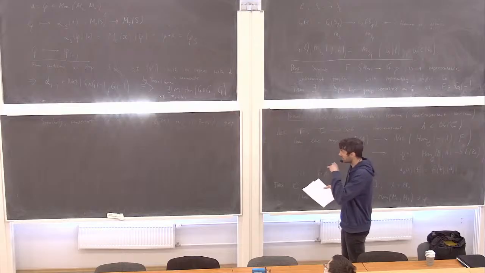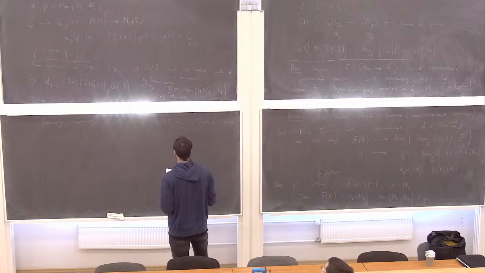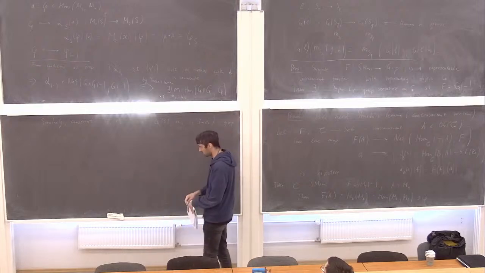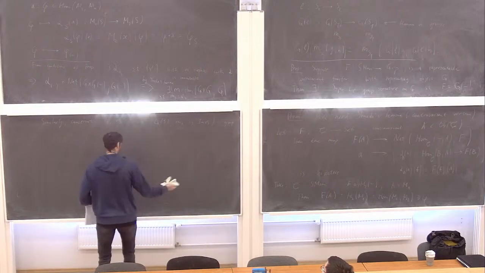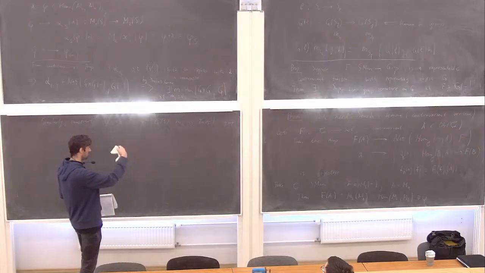We say that, well, sorry, no. So we know that this is a group. Sorry, that's not how it works. So we go backwards, right? So we know this is a group.